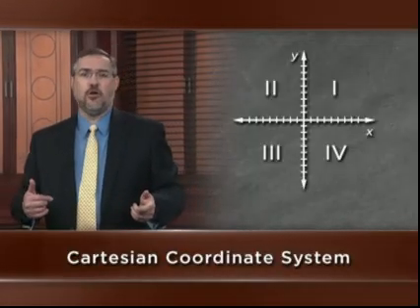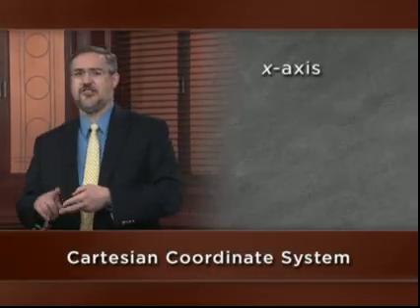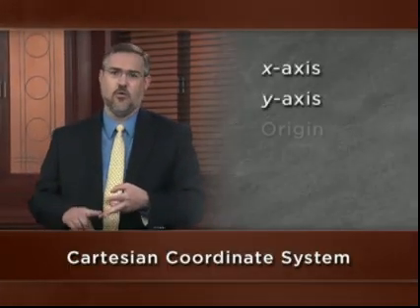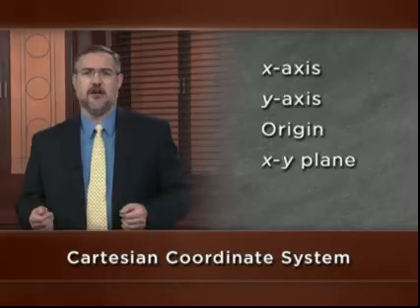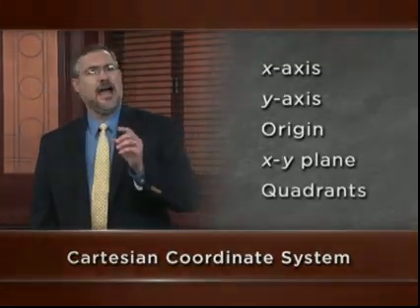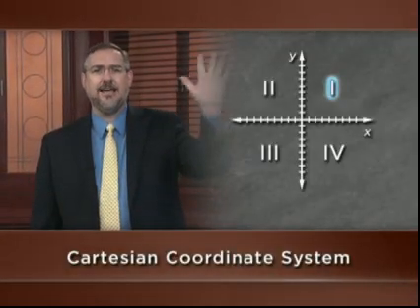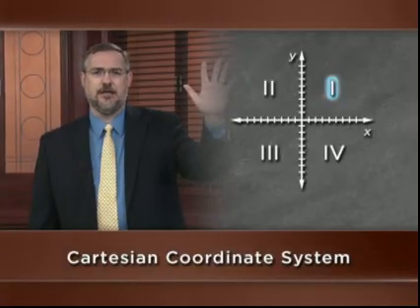So up to this point, we've already seen several vocabulary terms: the x-axis, the y-axis, the origin, the XY plane itself, and of course these four quadrants. Now, as a standard practice, these quadrants are labeled in the following way. First of all, quadrant 1 is in the upper right-hand section of the XY plane.